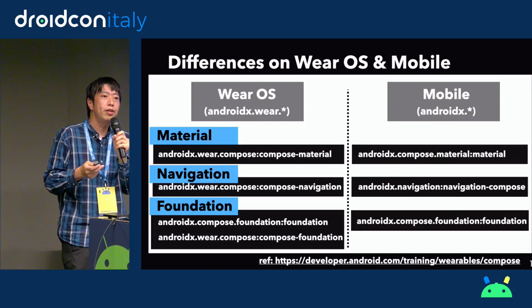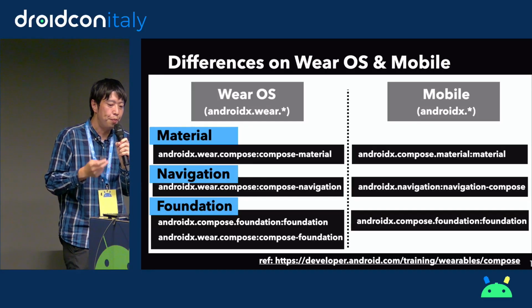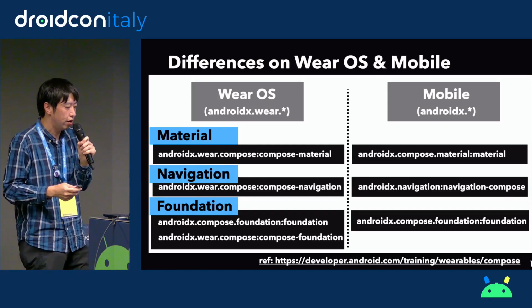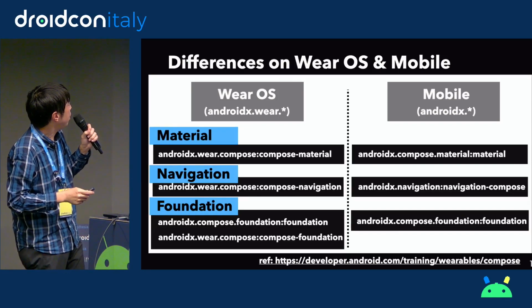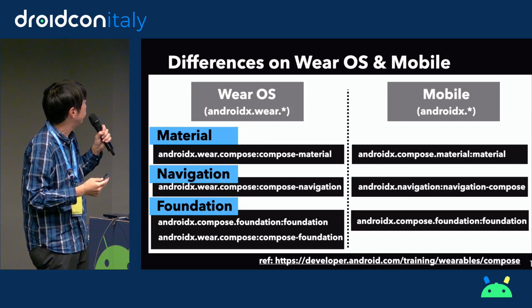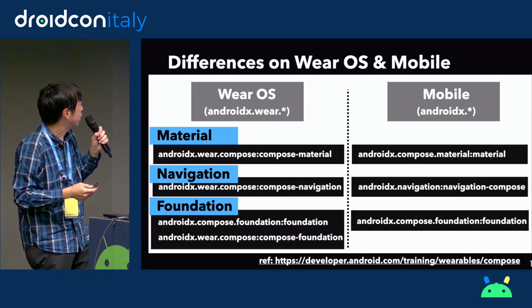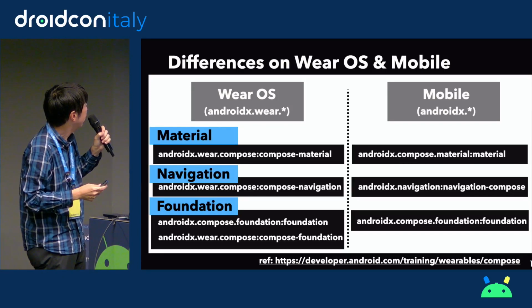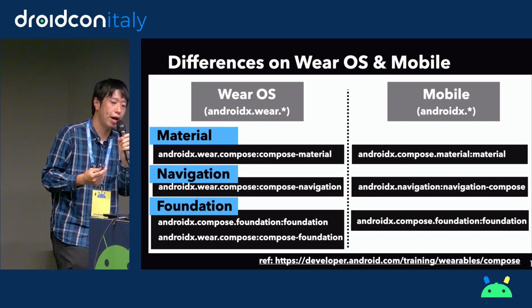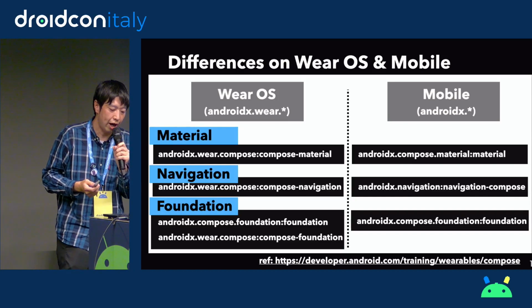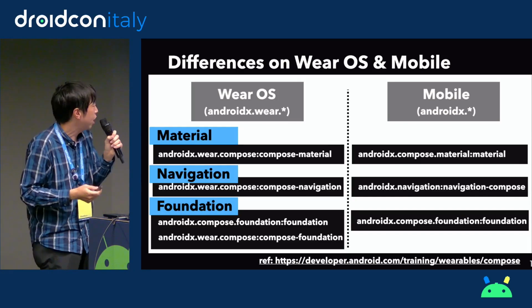Also, the provided classes are almost the same, but there are some differences. The differences are here. For developing Wear OS apps, we should use the androidx.wear.compose library. But on the other hand, for developing mobile apps, we should use the androidx.compose.material library.